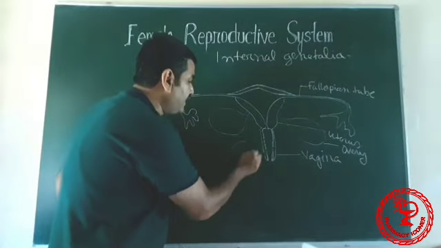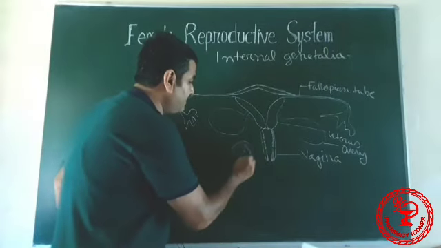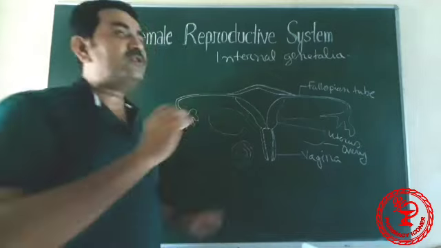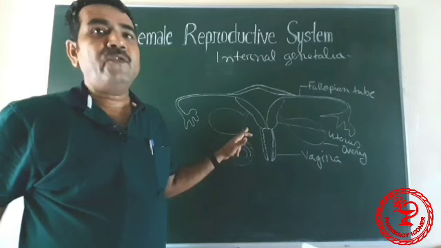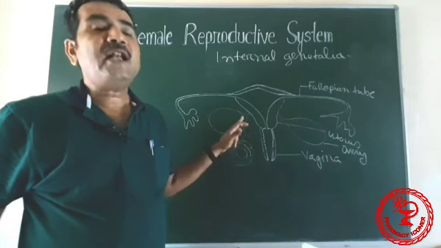The outermost layer is made of areolar tissue.